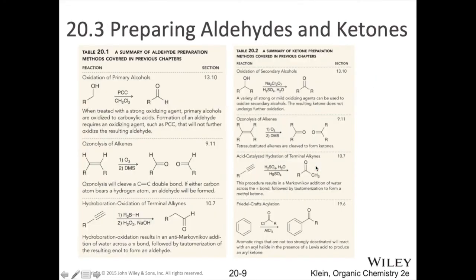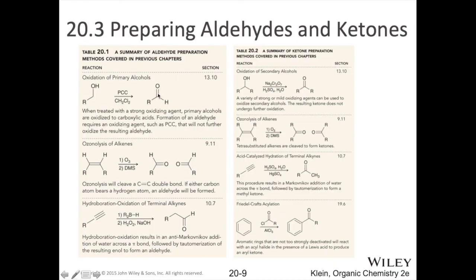So we've seen aldehydes and ketones as chemicals in reactions in other chapters, oftentimes as the product of a lot of reactions. So just to jog our memories from those previous chapters, we can oxidize alcohols into the corresponding carbonyls. In the case of a primary alcohol, we could oxidize into an aldehyde.